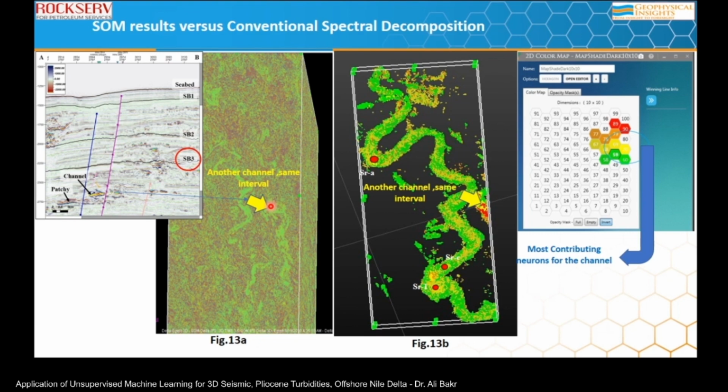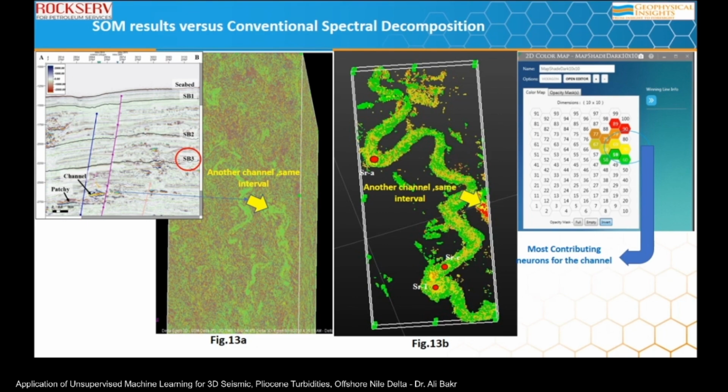The next step that we are still running until this moment is to extract these channels using the same method, and after the extraction of this geobody, we are going to run a supervised machine learning using the wells and come up with a reserve estimation, and compare that reserve estimation with the one that was used before we applied some techniques. But actually this is not concluded here, because we are still working.